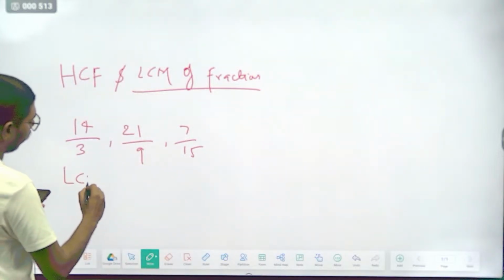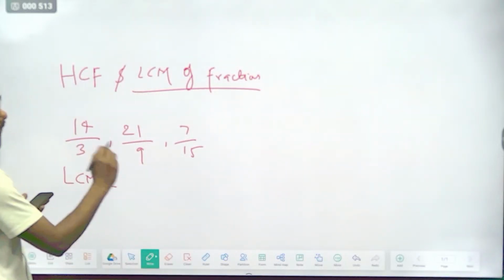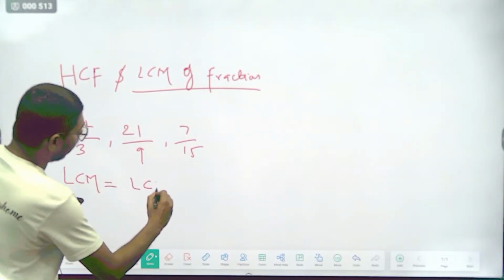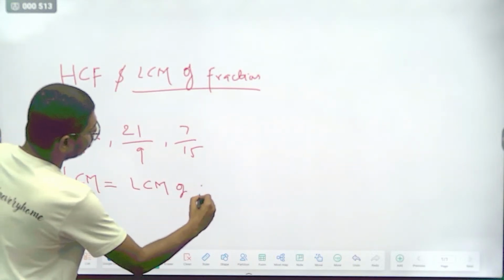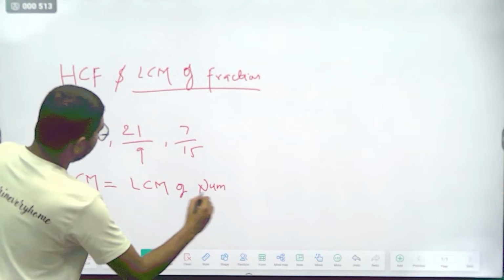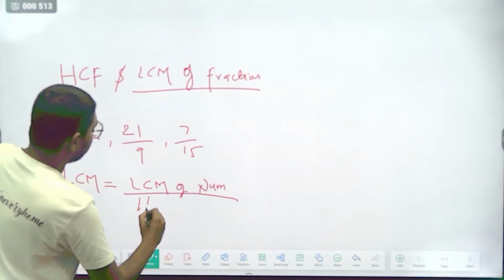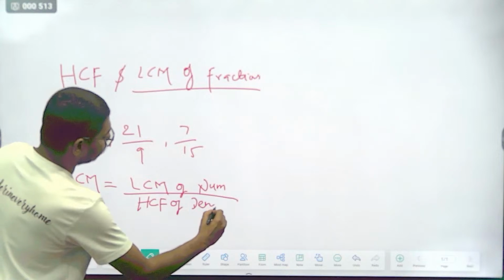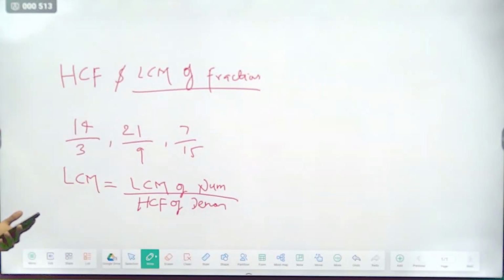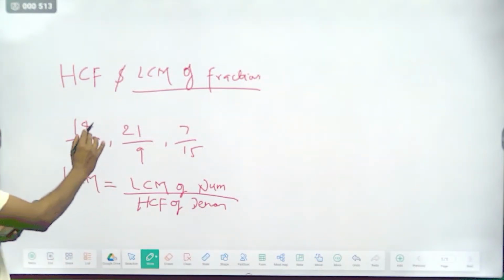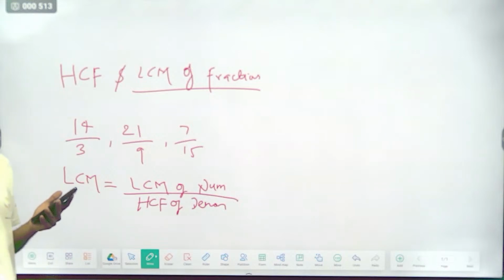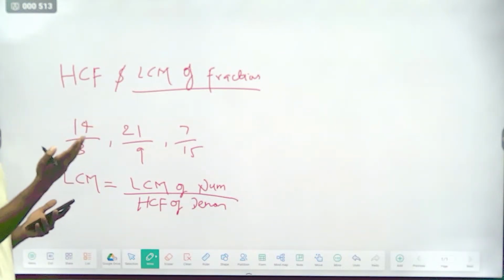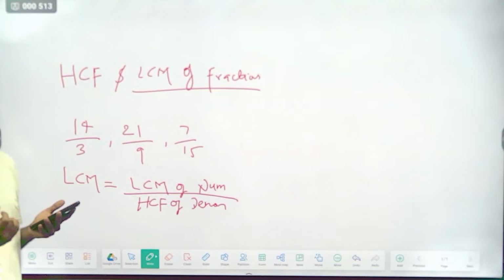Okay, to find the LCM of fractions, of the given fractions, we do LCM of numerator divided by the HCF of denominator, right? The way you can keep it in mind is that the one that is at the top, you are finding LCM.